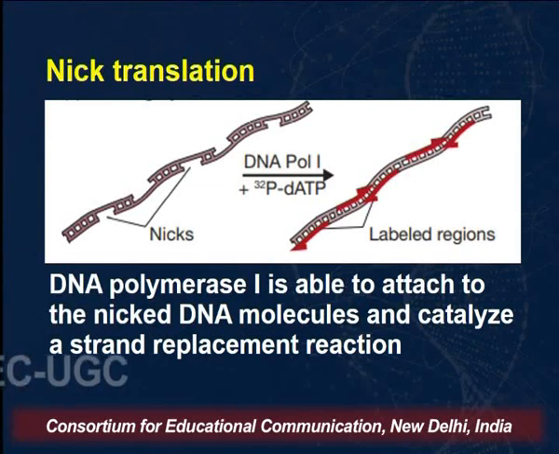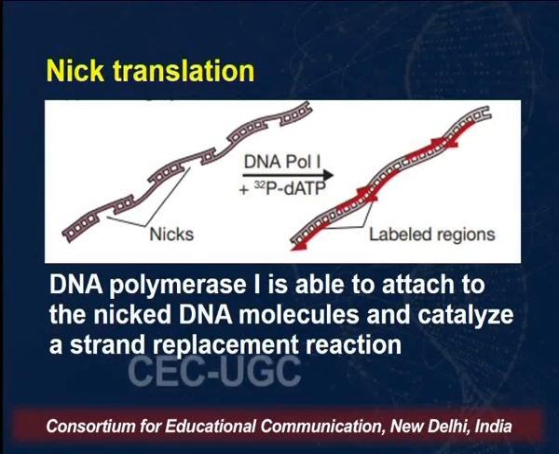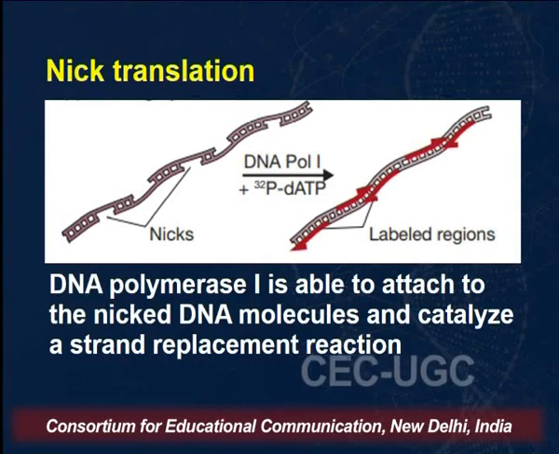So it fills this and it also displaces the original fragment which is there. The DNA polymerase I is able to attach to the nicked DNA molecules, which can generally occur in a cell, and catalyze what is called a strand displacement reaction. So they will not only fill this nick, but they will also replace the rest of the strand.